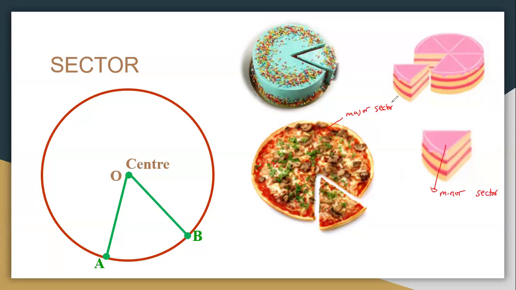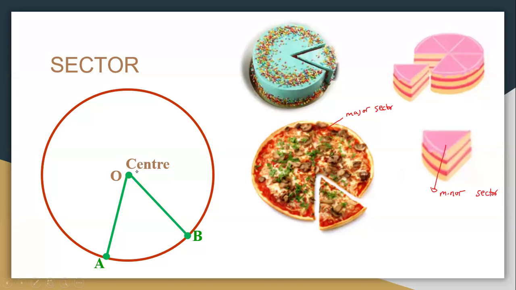So for you to be able to relate, that small piece they give me is what we call a minor sector. What remains after they have cut out my piece is what we shall be calling the major sector. So that is really very important, and you can relate when it comes to a sector.